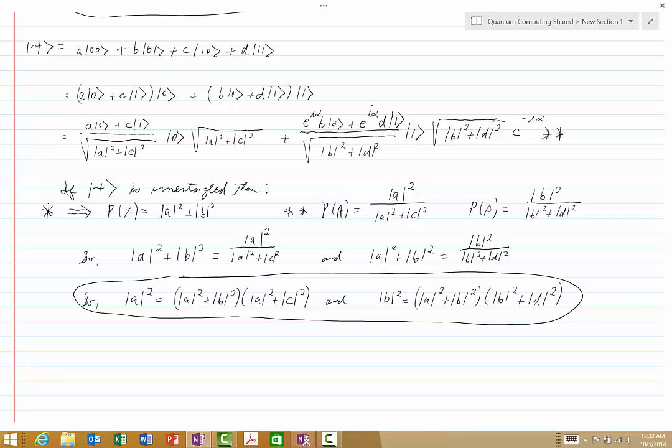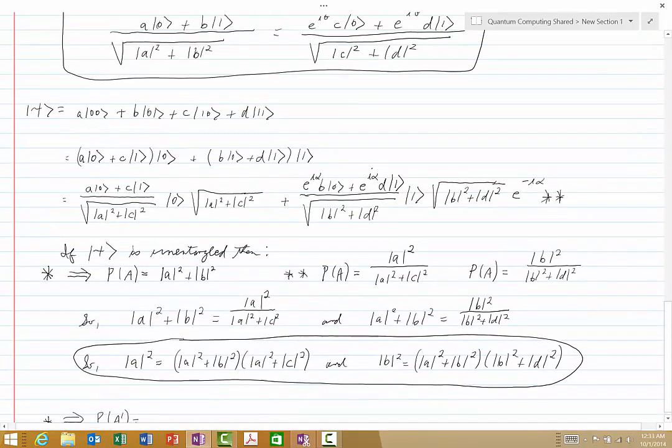Let's make a couple of other observations. Let's now look at each one of the equations for the probability of A prime, which means the probability that Alice does not measure 0, which of course means the probability that Alice measures a 1.